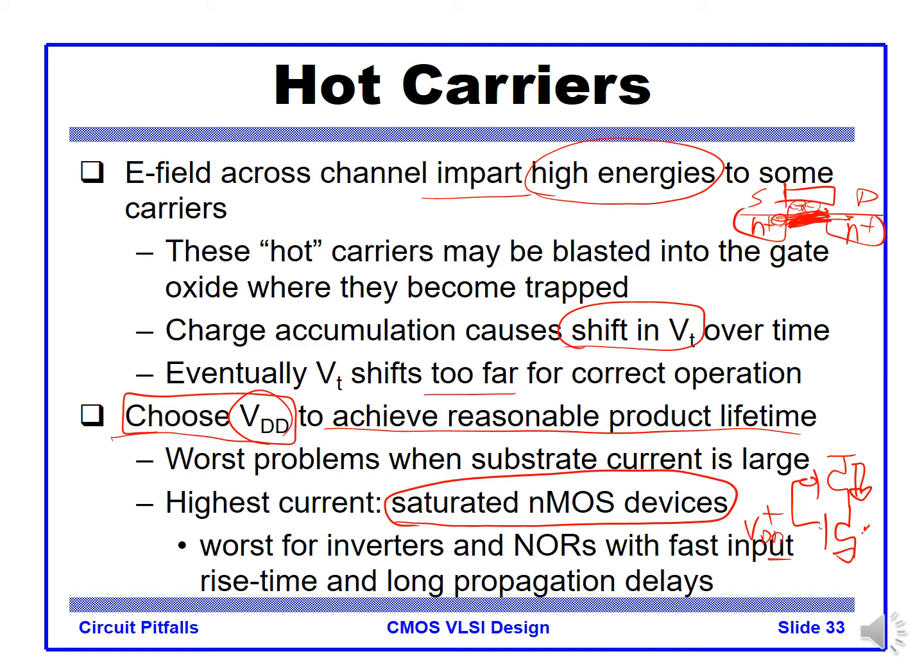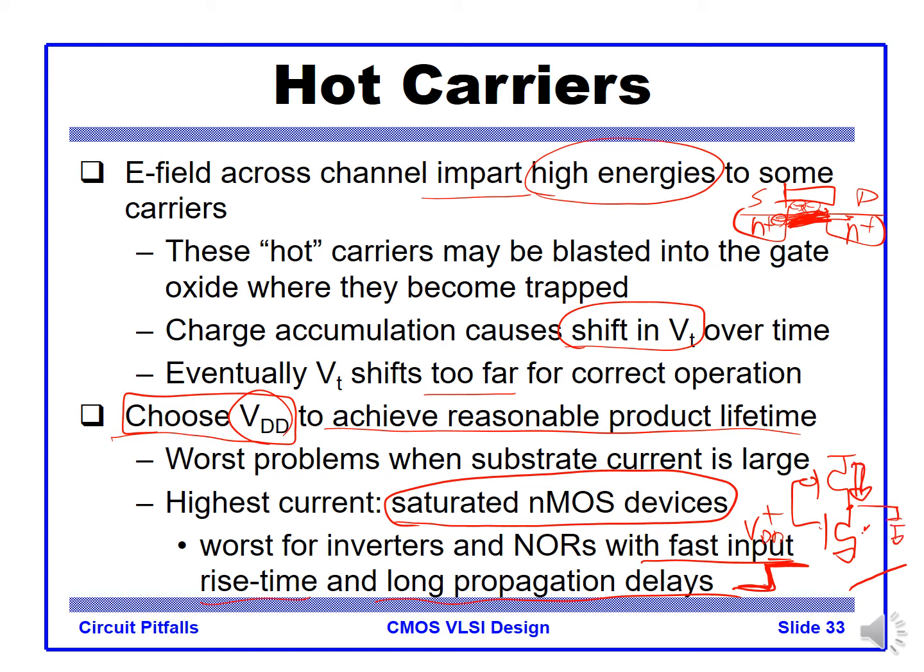This kind of hot carrier effect may happen with fast input changes and long propagation delay, meaning the input makes a very sharp transition but the output moves slowly because of the long propagation delay with a large parasitic capacitance there.